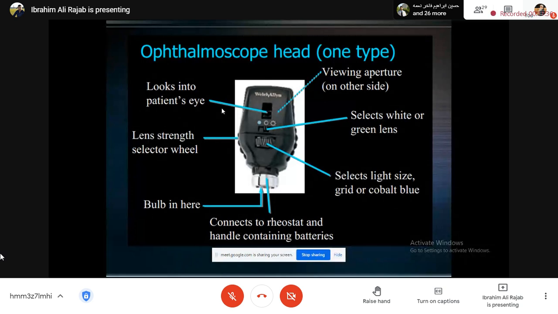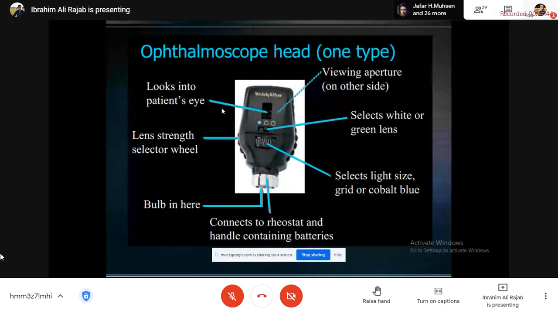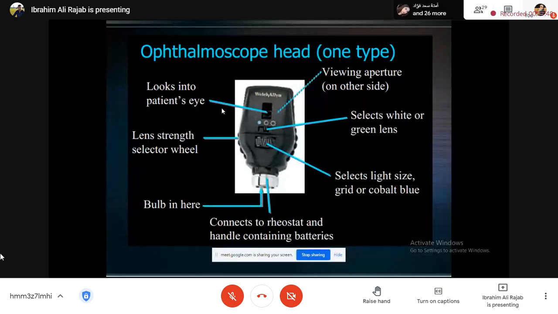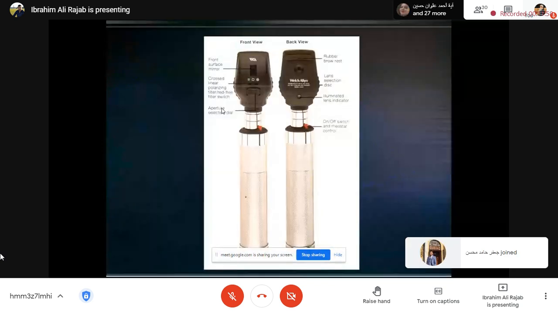I mean, we can use a plus lens or a minus lens, +1, +2, +3, or 0, or -1, -2, -3, and so on, according to the refractive error of the examiner and according to the examination maneuver. And we will see later on what I mean by that. This is another image of the direct ophthalmoscope.